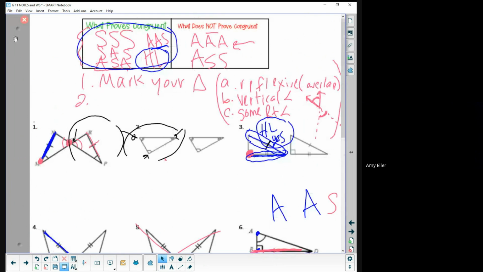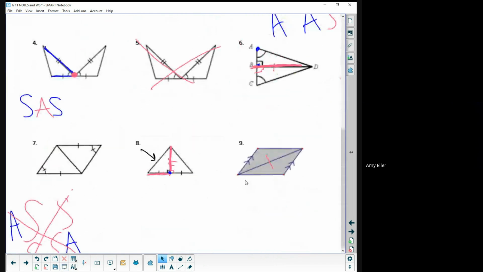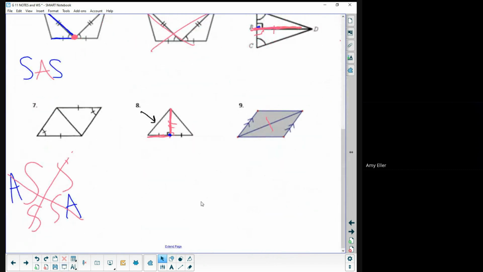Okay, number 9. There's a symbol there that we haven't seen a lot. Do you guys remember what those arrows mean? Arrows mean parallel. Here's what I usually have students do with parallel. I have you extend those and draw the transversal.